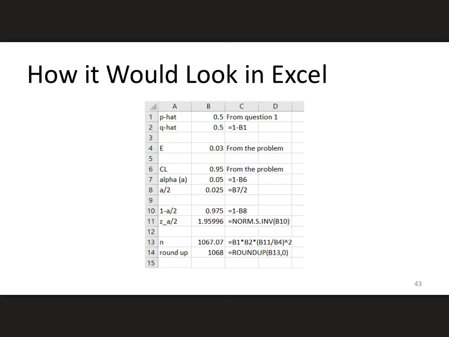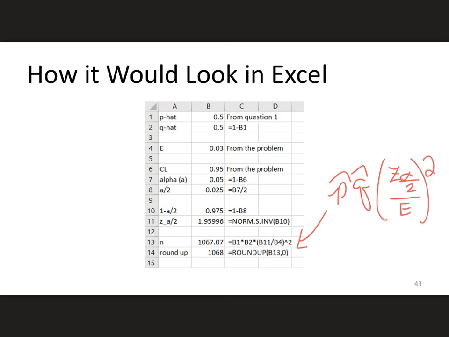And then you're going to do 1 minus alpha divided by 2 to get the value you need for your NORM.S.INV. And then to do your n, you want to make sure that you're doing p hat times q hat times your z divided by e squared. Let me just write that out again: p hat times q hat times your z sub alpha over 2 divided by e squared.